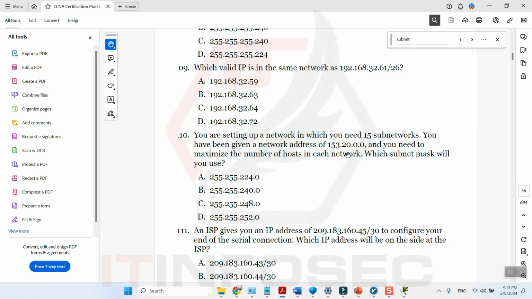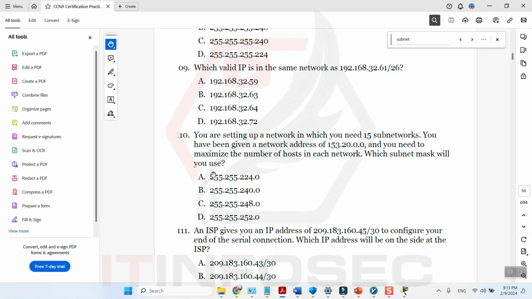Another question says you are setting up a network in which you need 15 subnetworks. You have been given a network address of 153.20.0.0. This is a class B address, so the default subnet mask is 255.255.0.0.